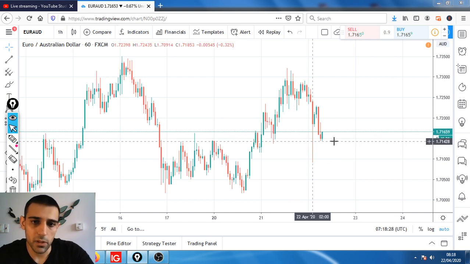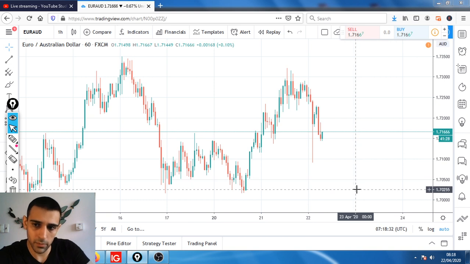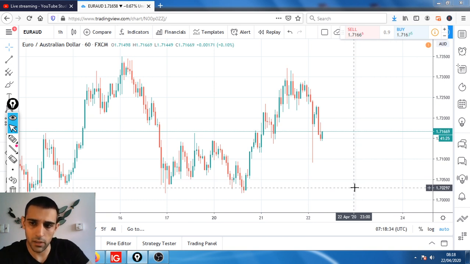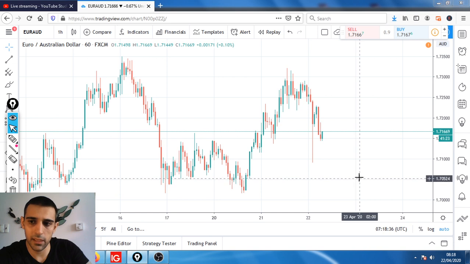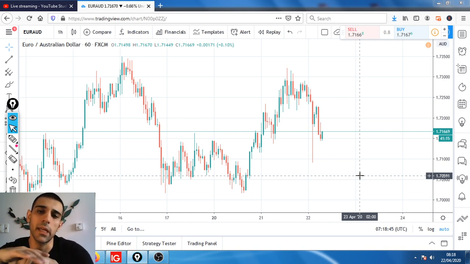So 25 pip stop loss, and we get in at 170.150, and then we're gonna run it down to 170.60. I believe it was 60. So that gives us 90 pip rewards with the 25 pip stop loss. So the risk reward again is decent, it's more than 1 to 3, which is good.